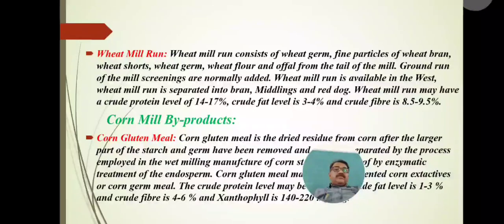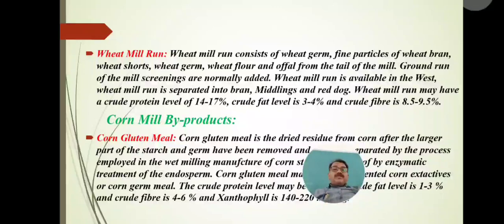When all that material is combined, that product is called wheat mill run. It consists of wheat germ, fine particles of wheat bran, wheat shorts, wheat flour and offal from the tail of the mill processing industry.